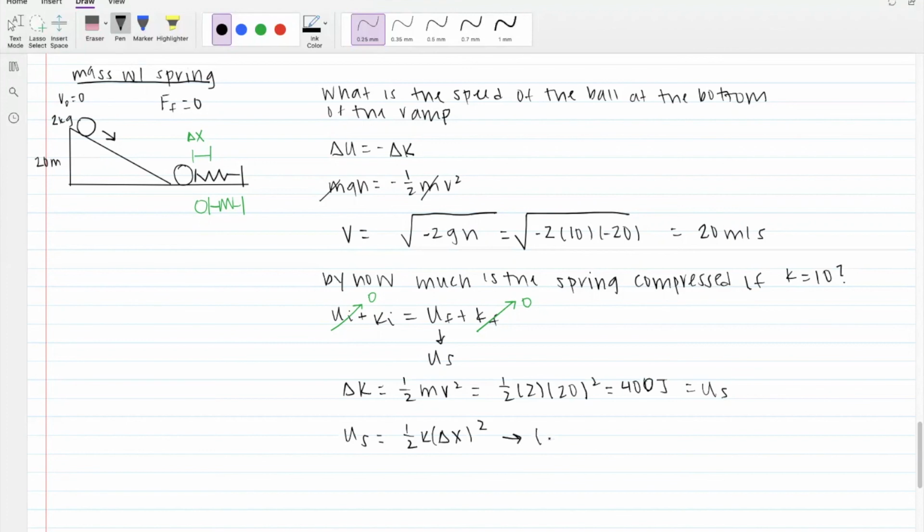Rewriting it to solve for delta x, we have the square root of 2 delta U of S all over k, which will give us 2 times 400 joules all over 10, which means that the spring is compressed by 8.94 meters.